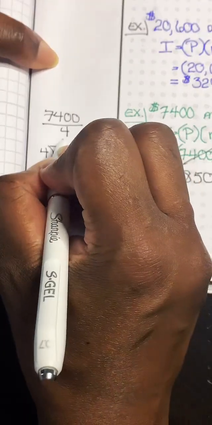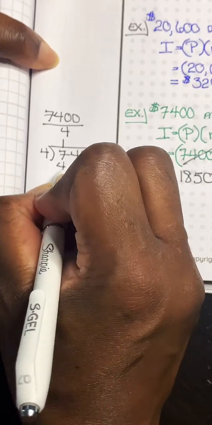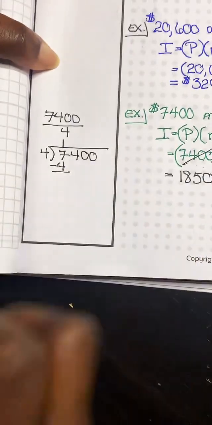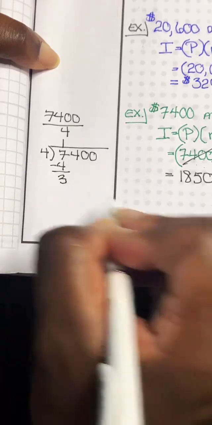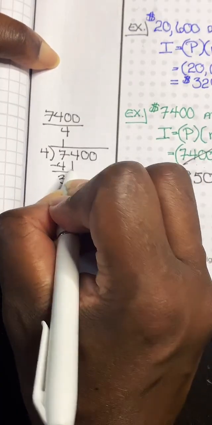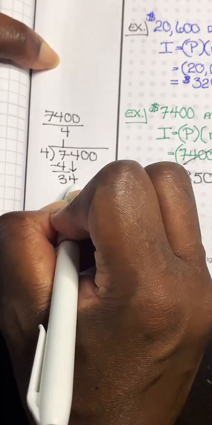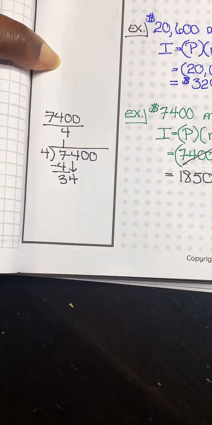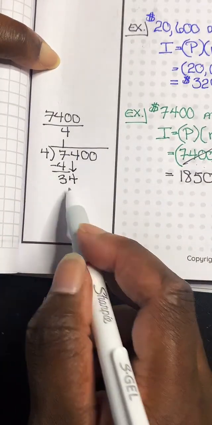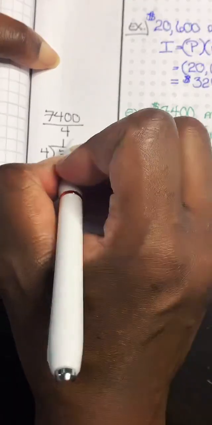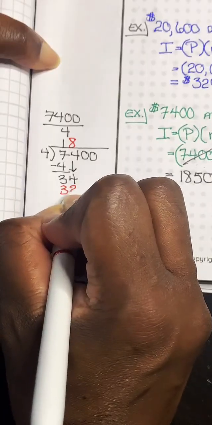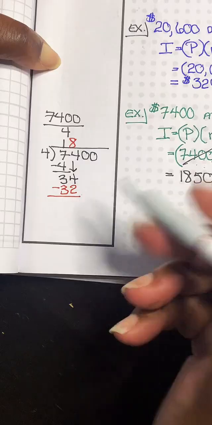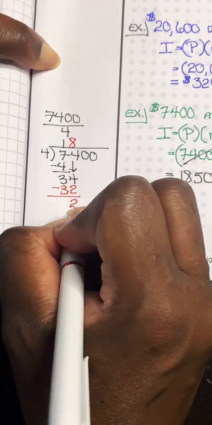So I know one group of 4 can go into 7. 7 minus 4 gives me 3. Then I bring down the next number. So then I ask, how many 4s can go into 34? That's 8. That gives me 32. So 34 minus 32, that gives me 2.